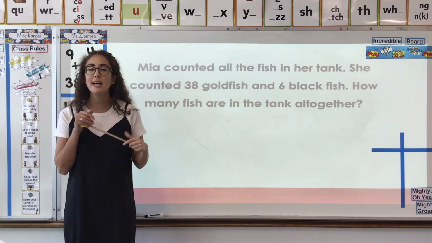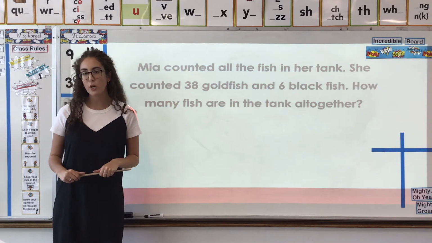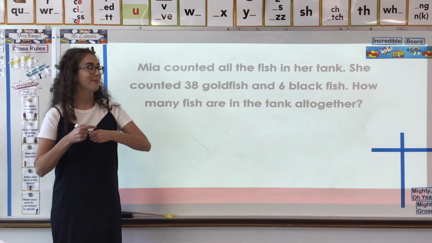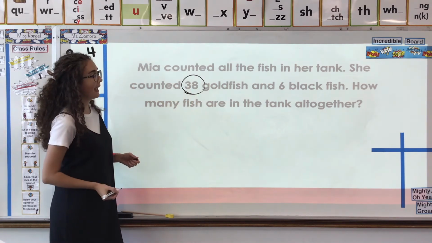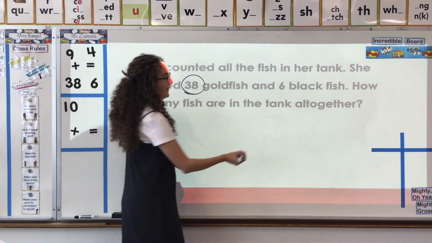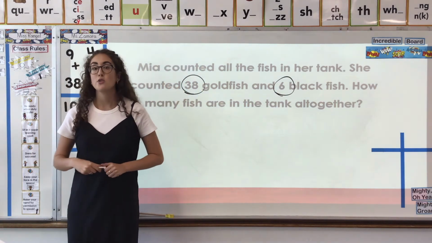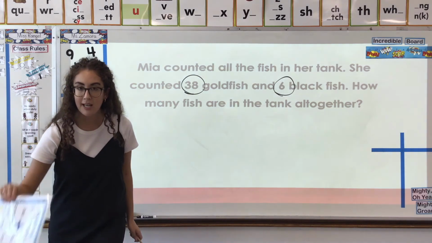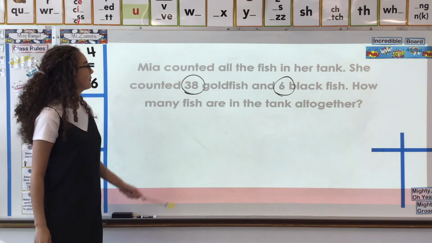Okay, first let's notice our numbers. What are the numbers in this word problem we're going to be working with? They are 38... Here we go.